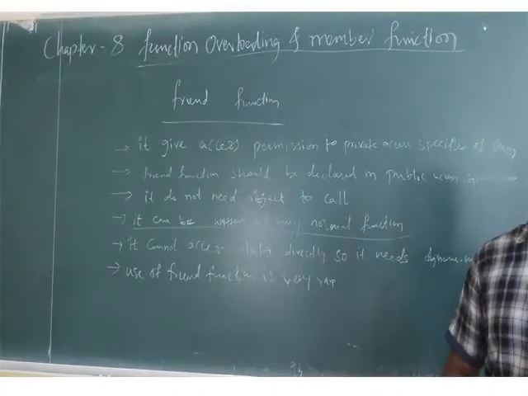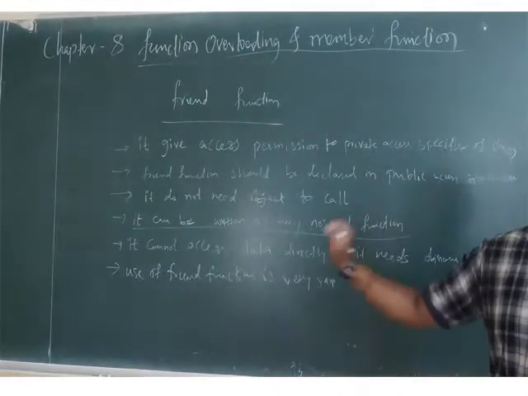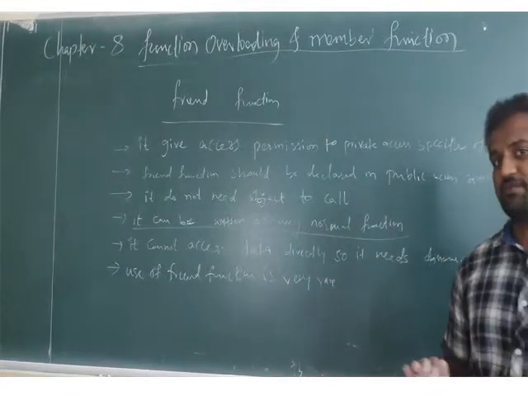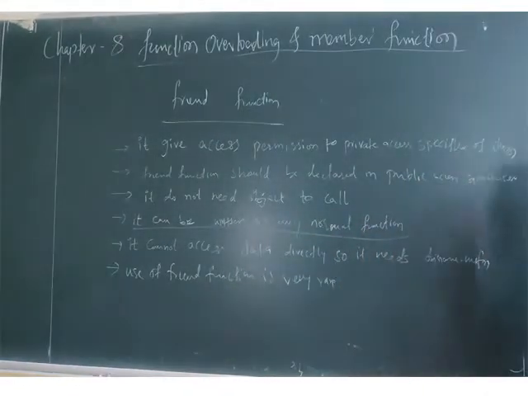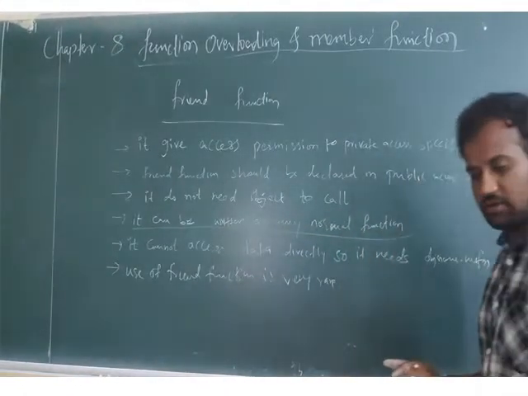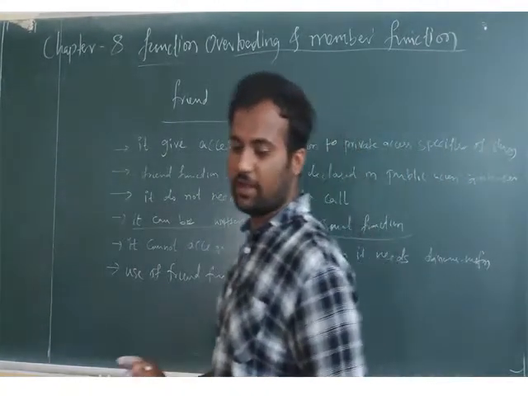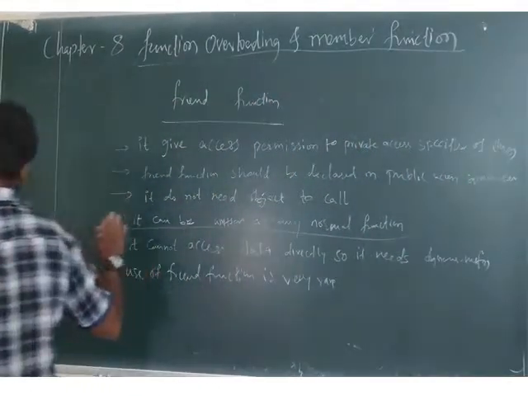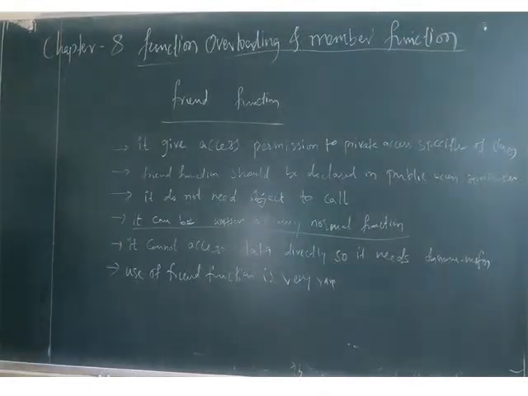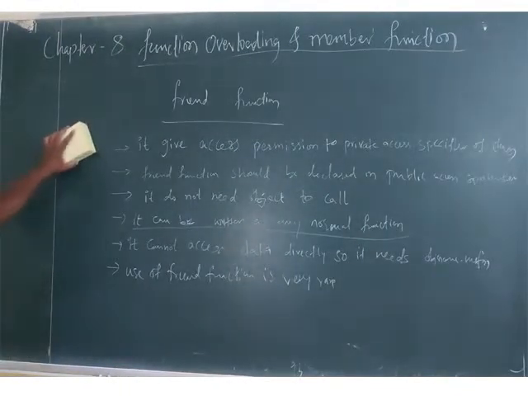Then when the problem occurs, that time we use a friend function. It doesn't mean that in all programs we have to use friend function. It is wrong. Okay? It is very rare to use, not daily.